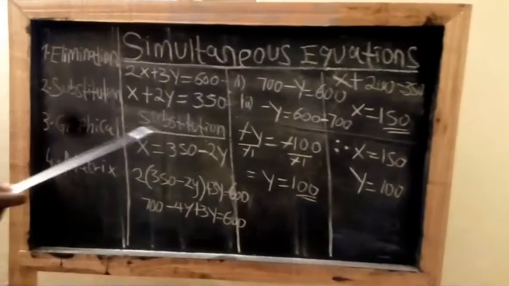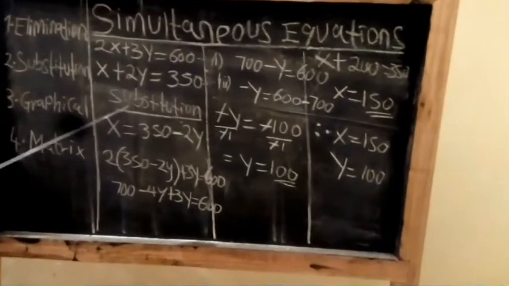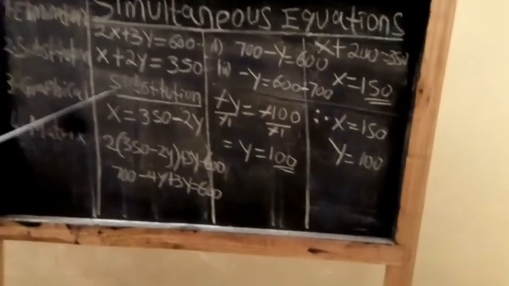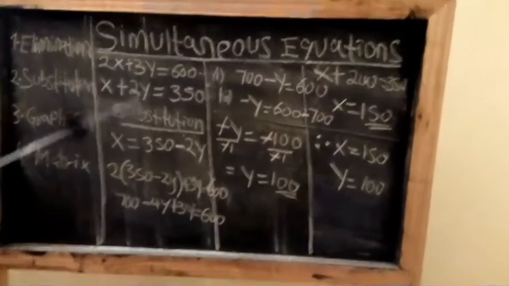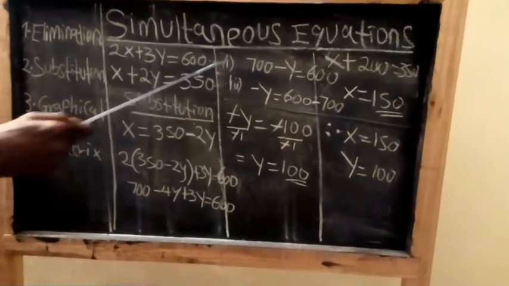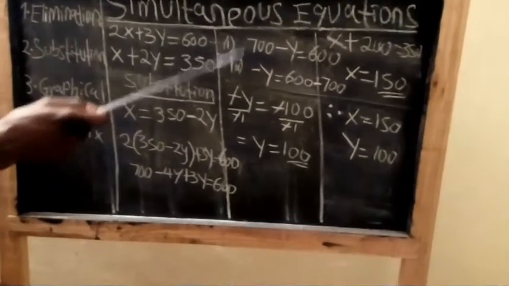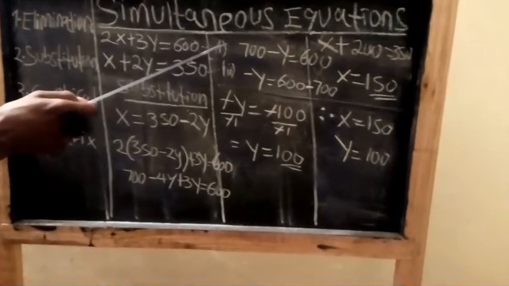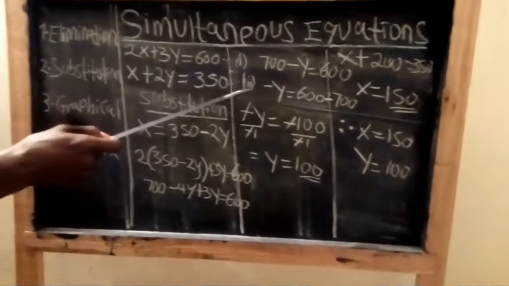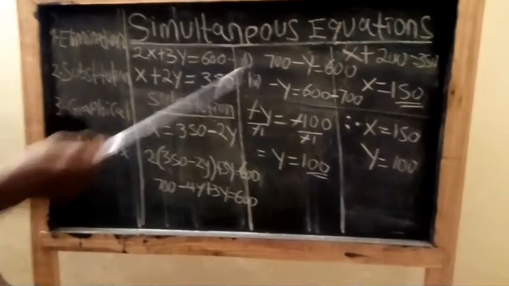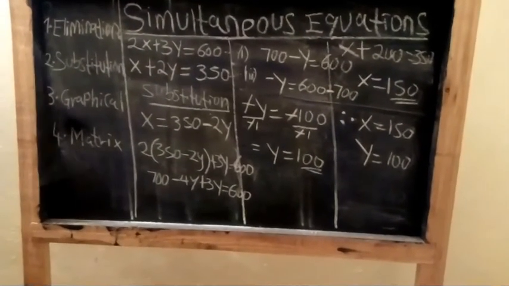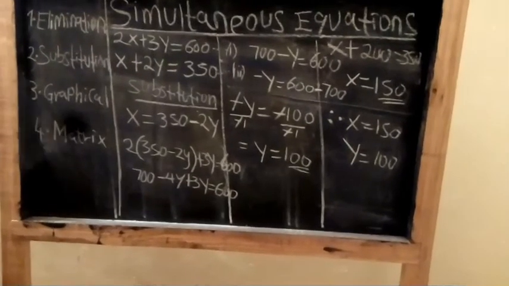So I said we are using a method called substitution method. When you are using substitution method, you can decide to name them as Roman 1 and Roman 2, the first equation as Roman 1, the second equation as Roman 2. Then you decide on which equation you want to use first.